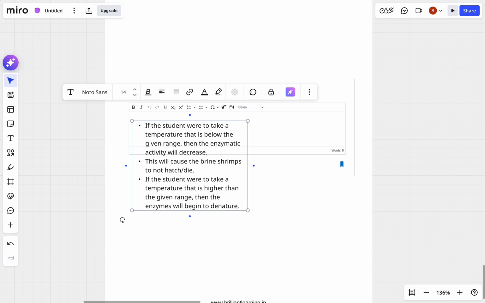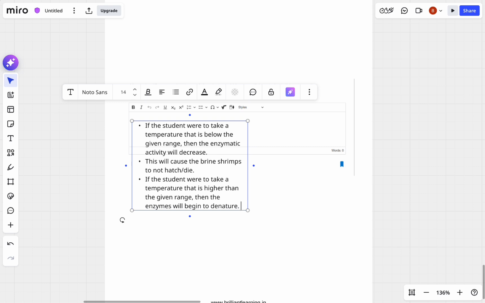So whenever you take higher temperatures, whenever they're way high, the enzyme activity will start to denature. Because when you reach the optimal point, they will work properly. But when you go way above your limits, it's going to denature. For example, if you take 40 degrees, let's say, it's way over the 30-degree limit.